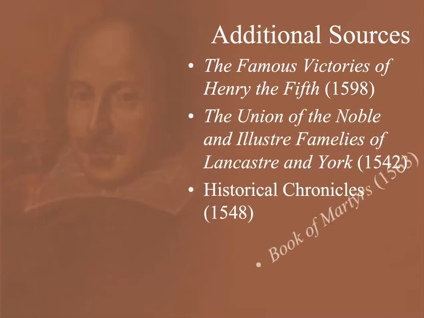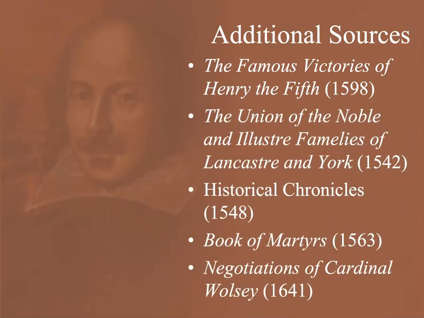For additional sources, Shakespeare drew on the following: the anonymous history play The Famous Victories of Henry V, Hall's The Union of the Noble and Illustrious Families of Lancaster and York, Edward Hall's Historical Chronicles, and John Foxe's Book of Martyrs, which is a source for Act 5 in Henry VIII.